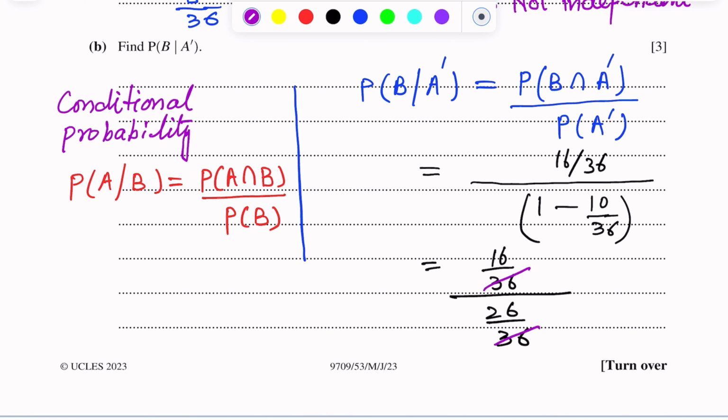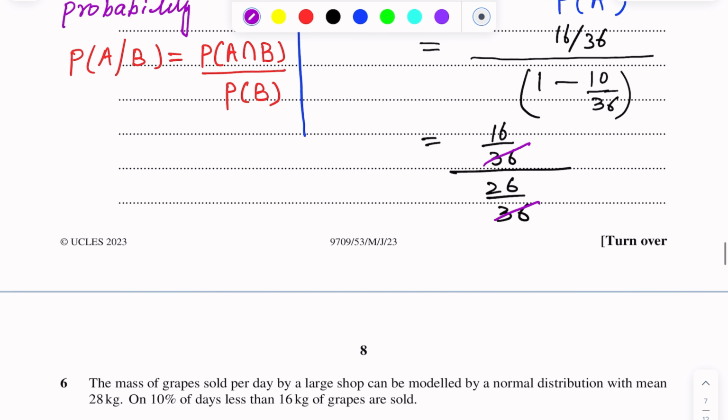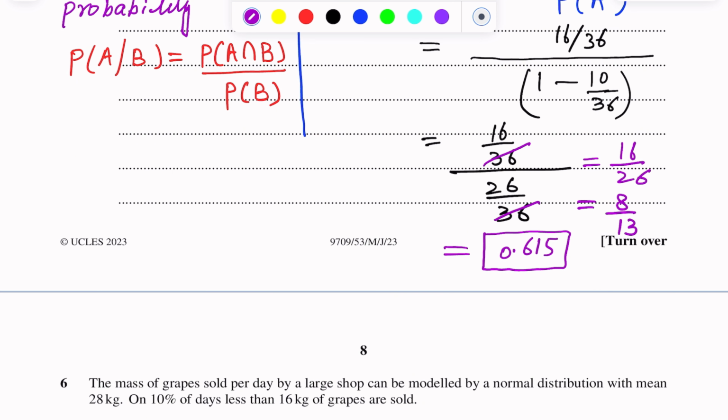After cancellation we get 16 over 26, that is equal to 8 over 13. So we will write the answer correct to three significant figures. So the final answer is 0.615. This is the final answer.